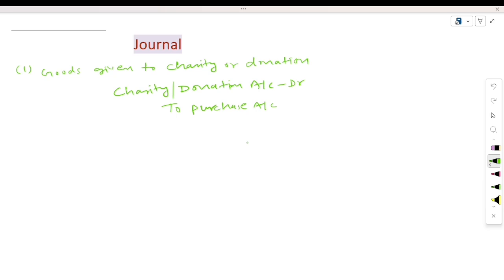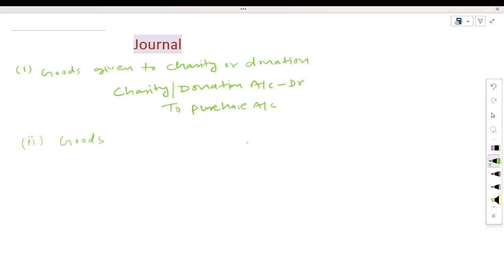Now come to the next transaction. Suppose you are giving goods as a sample, because in a business you will have to make samples of the goods and distribute these samples among your customers.